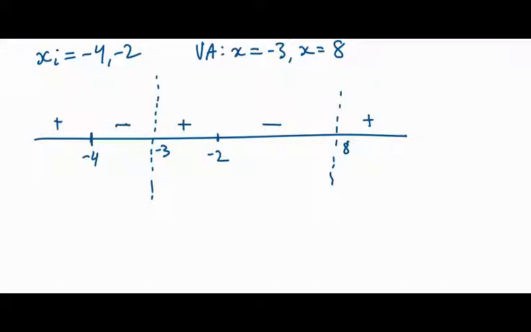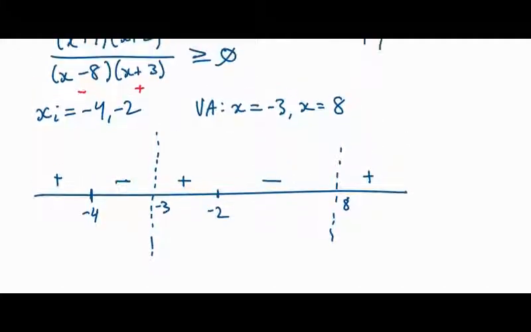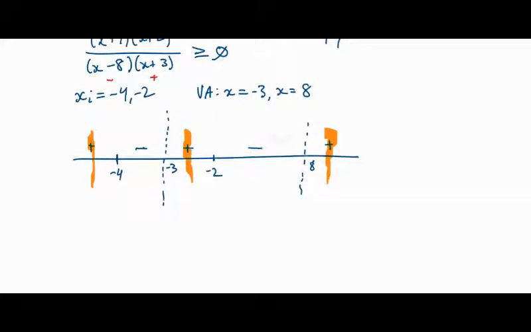Okay, so now let's read this answer. What are we looking for? We're looking for when it's greater than or equal to 0. So that's here, here, and here. We have 3 intervals, and watch for where it's equal to and where it's not. So negative 4 is an x-intercept.